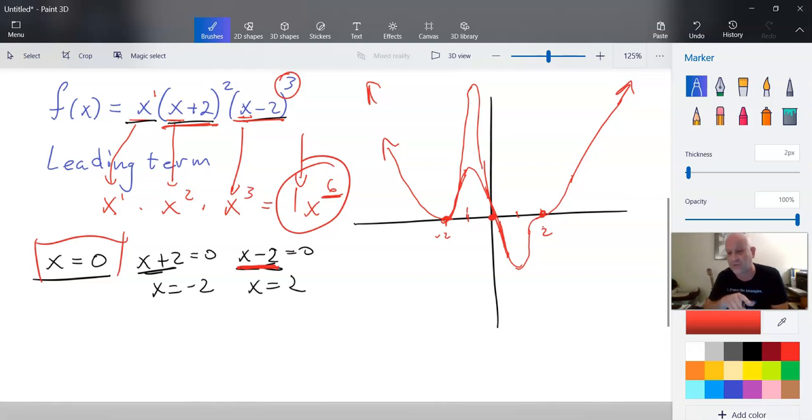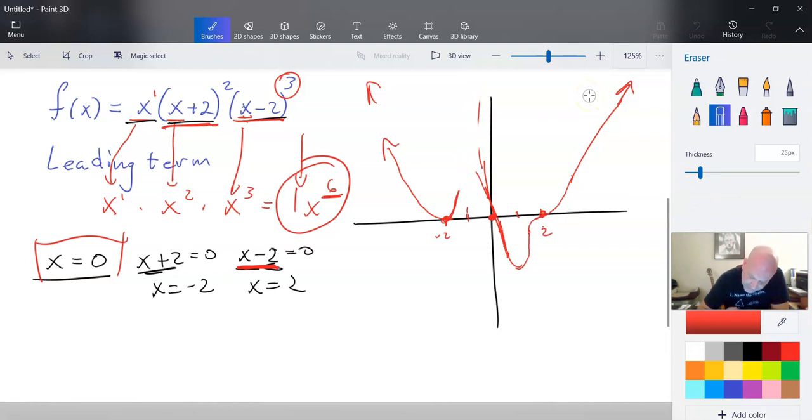So if you need any extra points, what you do is you just plug them in to find out. You pick something convenient, and then you do it. So I'm going to move this because we don't know where this goes yet. And I'm going to figure out what happens at -1. So let's look at f of -1.